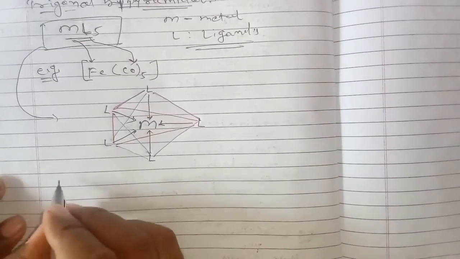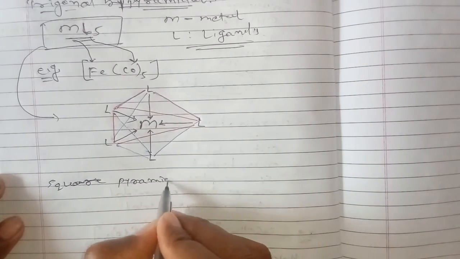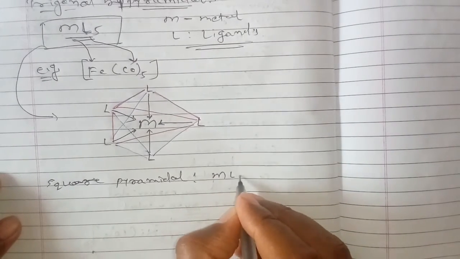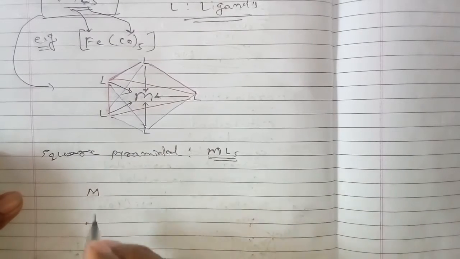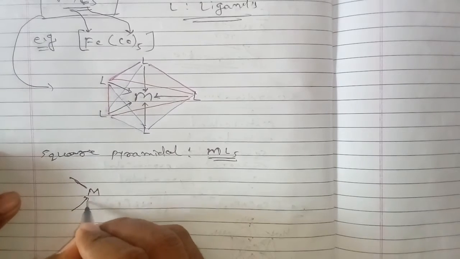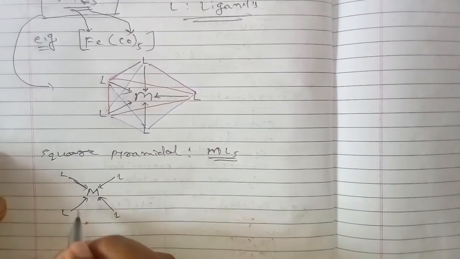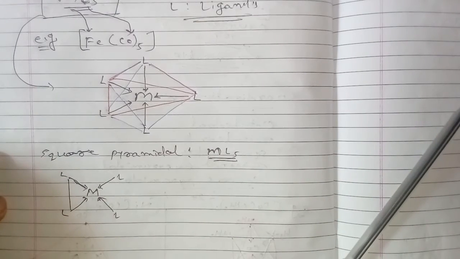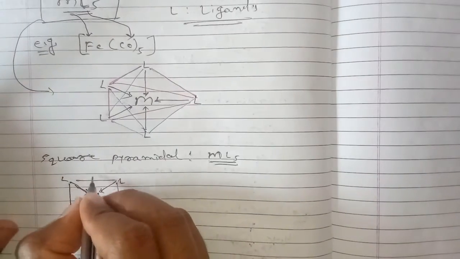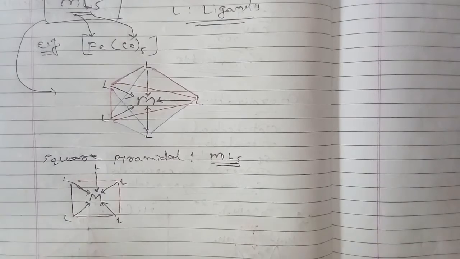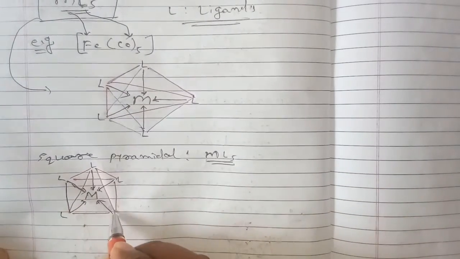Now the square pyramidal, this also ML5 types of metal, and the 4 ligands, here the 5th ligand, 1, 2, 3 and the 4.